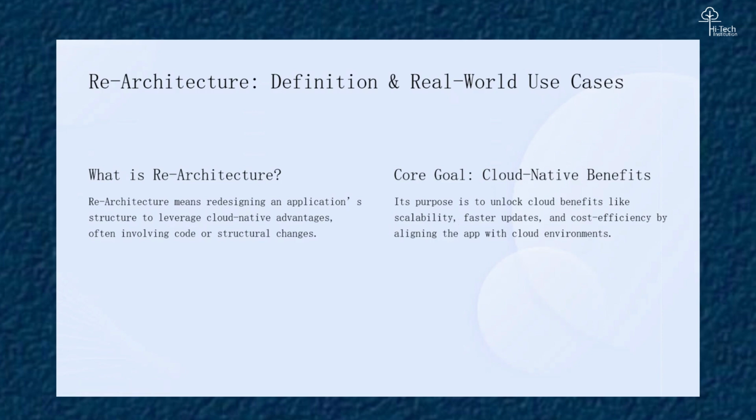Lift and shift is literally for faster deployment, so when you want faster deployment, you can go with it. Post lift and shift, you can do scaling, either vertical or horizontal. But in re-architecting itself, we are building in the scalability, along with faster updates and cost efficiency by aligning the app with the cloud environment. Some differences exist in the scalability and faster updates, and I'll tell you those things.